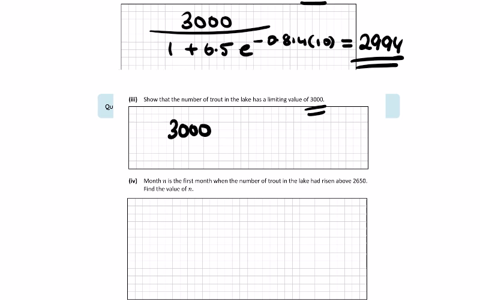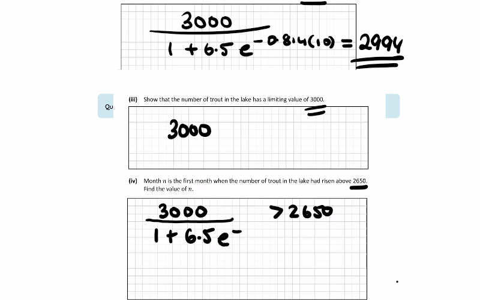Then we're just asked to solve. Month N is the first month when the trout rise above 2650. So when is this expression greater than 2650? We have 3000 on top over 1 plus 6.5 e to the power minus 0.814t.